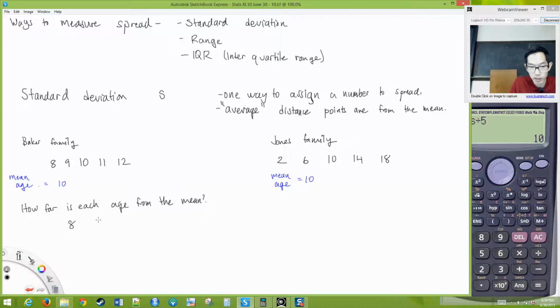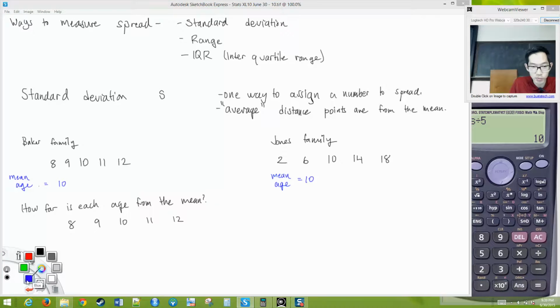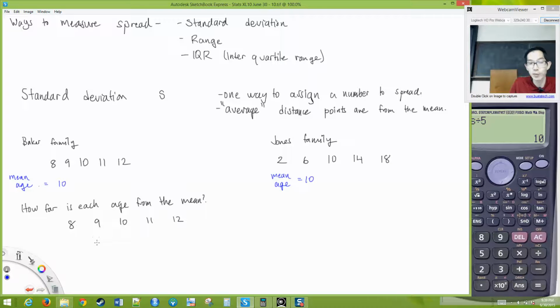So I have 8, 9, 10, 11, and 12. So to get how far they are from the mean, what do I do? I'm basically just going to subtract each number from 10, or 10 from each number. So how far is 8 from 10? It's 2 years away. How far is 9 from 10? 1. How far is 10 from 10? 0. 11 from 10? 1. And 12 from 10? 2. Okay?